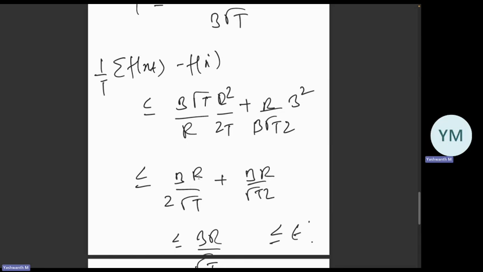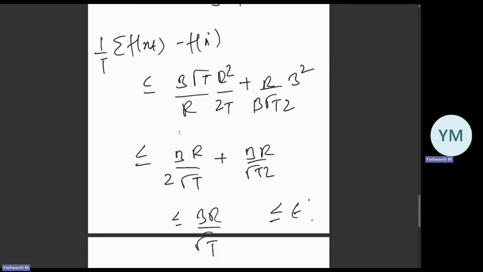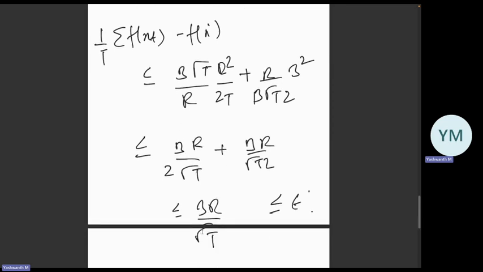This is br square root of t over 2t plus br divided by 2 square root of t, which is the same thing. We get br divided by square root of t.